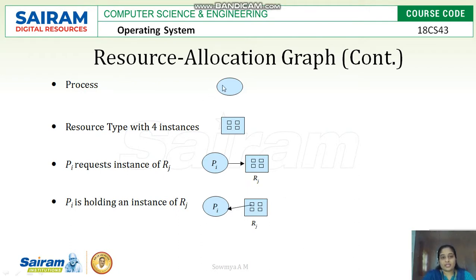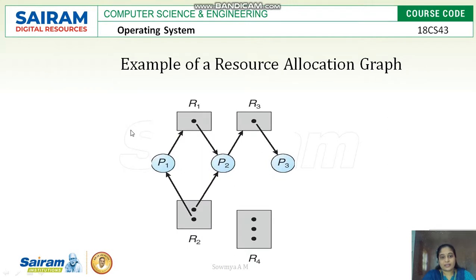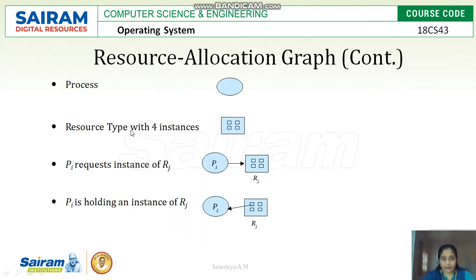Here we have a graphical representation of how processes and resources are shown. A process is an active entity, so it is shown as an oval, and the resource is a passive entity which is utilized by the process; it is not doing any task. So it is represented by a square or a rectangle. Consider a register as a resource, and you have 4 instances of registers.